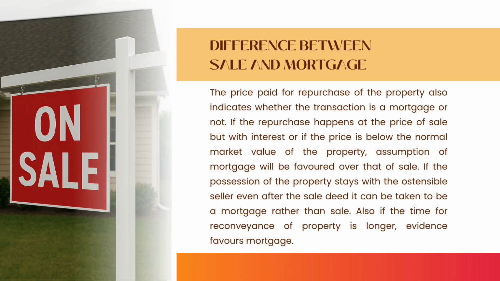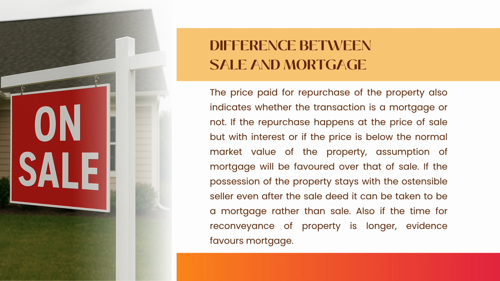The price paid for repurchase of the property shall indicate whether the transaction is a mortgage or not. If the repurchase happens at the price of sale but with interest, or if the price is below the normal market value of the property, the assumption of mortgage will be favored over that of sale.